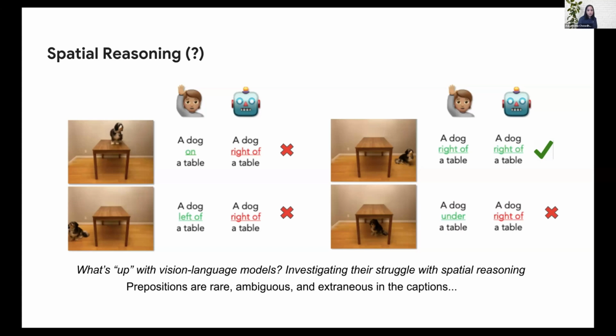I am showing you 4 images here. In each of those images, you have a dog and a table. As a human, you would easily be able to see that the dog is on the table, or left of the table, or right of the table, or under the table. But the models struggle with this in some cases, where left and right, or whether the dog is on the table or under the table, is not that clear to them.